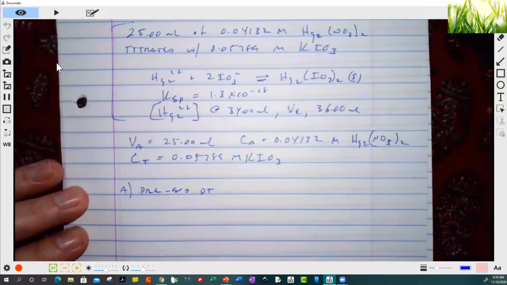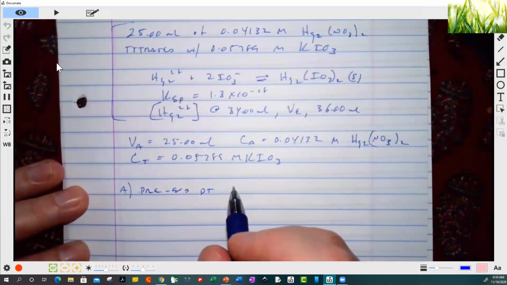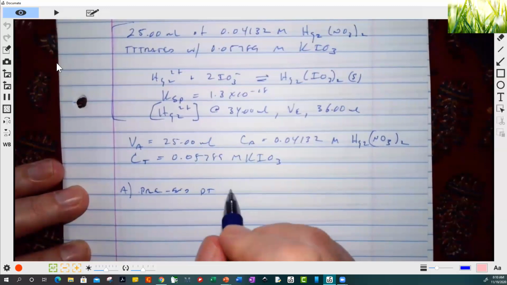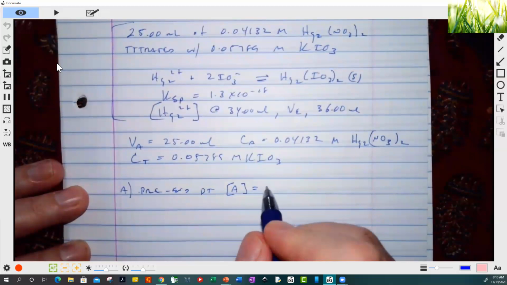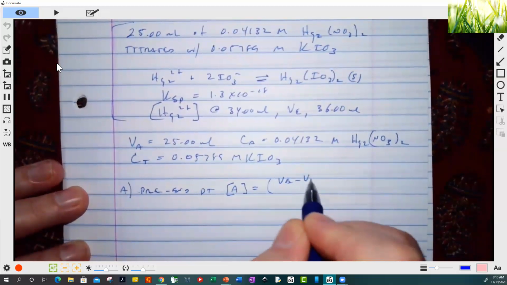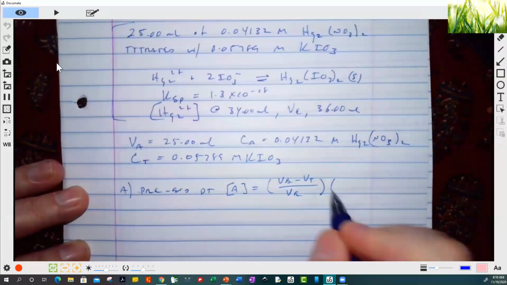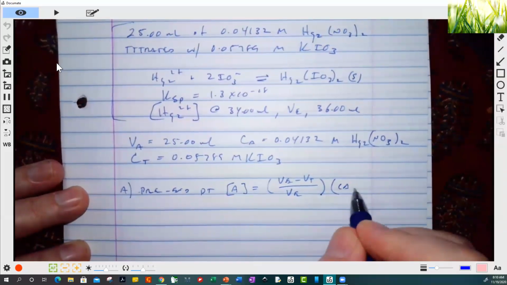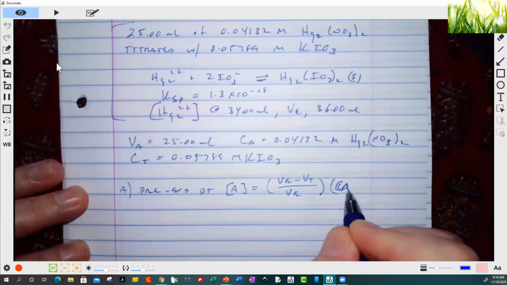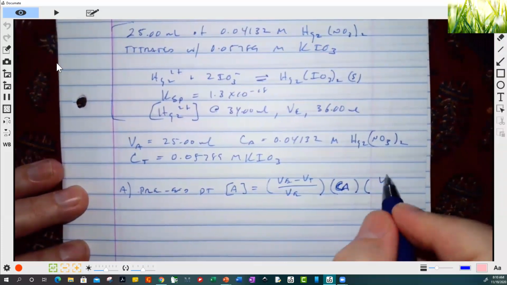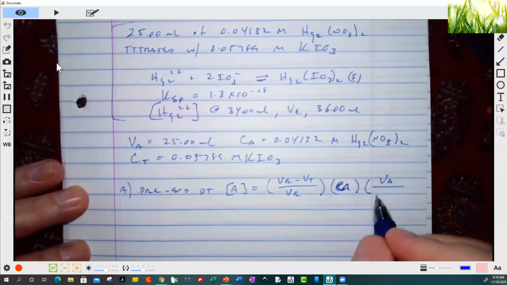Pre-endpoint: Mr. Harris has gone to great pains to explain to us that the analyte concentration is equal to (VE minus VT) over VE, times CA, times VA over (VA plus VT).